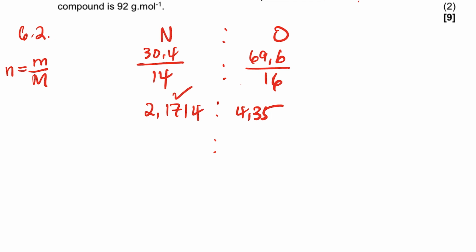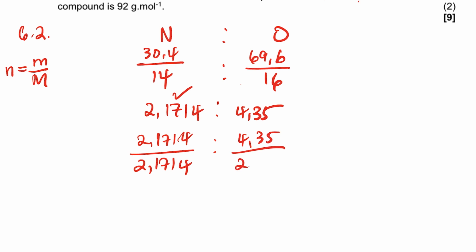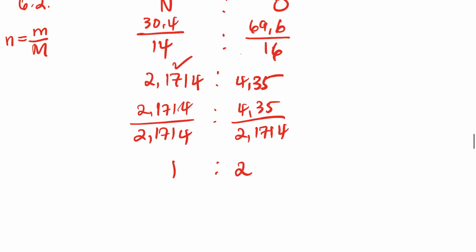I'm going to divide both by it. So it's 2.1714 divided by 2.1714, and in this side, 4.35 divided by 2.1714. And then your answer in this side is going to be 1. And then your answer here is going to be 2 when you round it off.